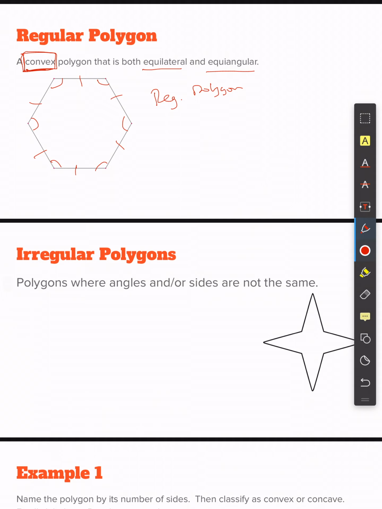The reason that it is not regular with concave is simply this. This angle here has to be compared with this angle here. Those are clearly not the same angle.